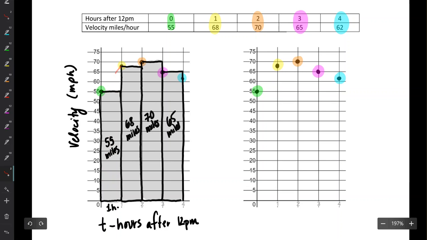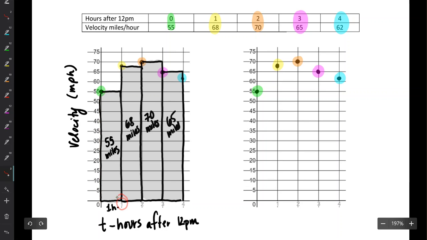So you had to travel more distance, right? So an alternative, instead of using these left endpoints, if I look at the time interval, right, between at 0 is noon, I picked the time noon to use the function value of 55 for my height.